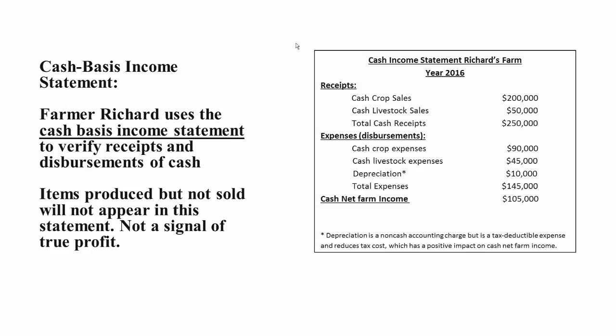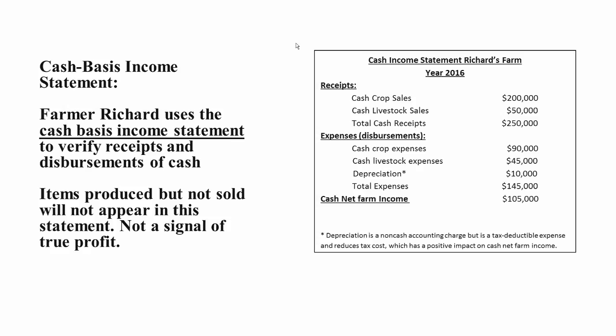Because it focuses on the cash in hand during the year, the value of items produced but not sold will not appear in this statement. Likewise, any expenses that were not paid during the period are excluded from this statement.